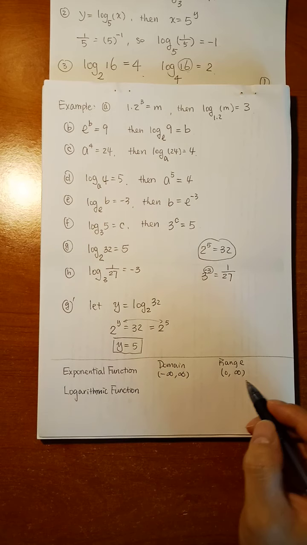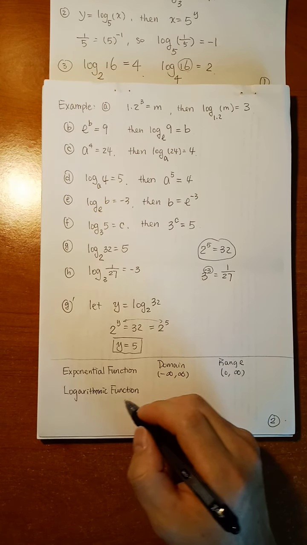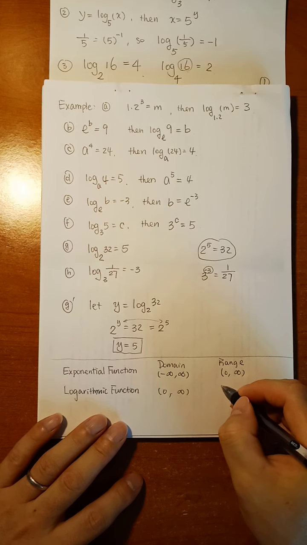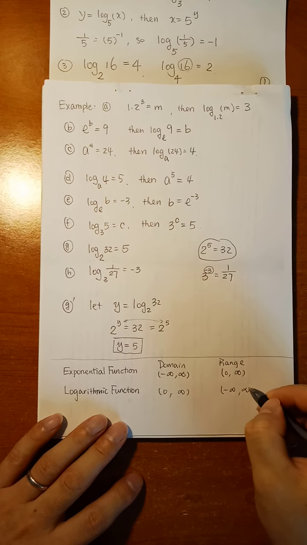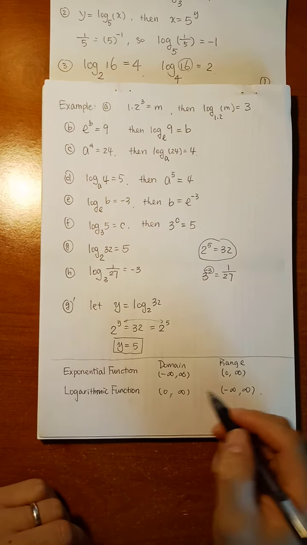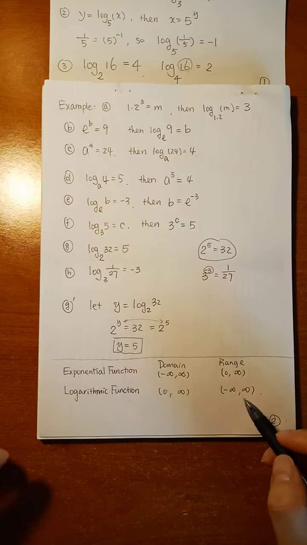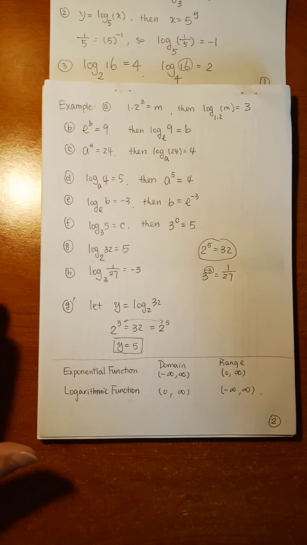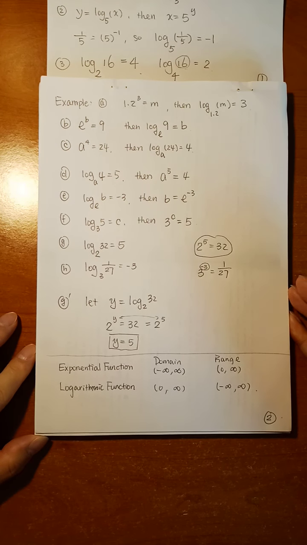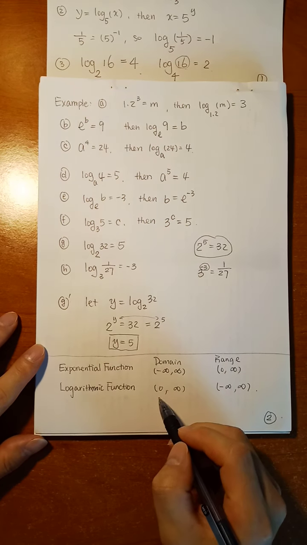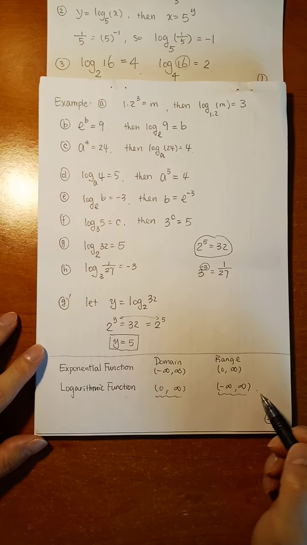Because it's an inverse, the domain of a logarithmic function is from 0 to infinity, and its range is negative infinity to positive infinity. You just exchange the domain and the range, right? So it's a property from the definition of pairs of inverse functions.